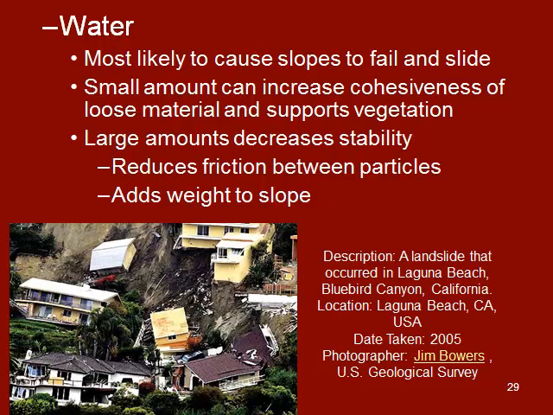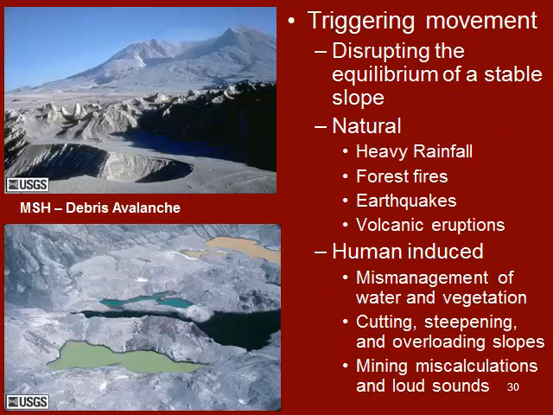It can support vegetation, but when we cross this magic line, that water ends up detrimental to the slope, and it reduces the friction between the particles in that sediment, and it adds weight to the slope, so there's more for gravity to pull on to bring that material down. So water, very bad. You see a lot of mass wasting events in the wintertime in the Portland Coast Range locations, because there's increased rainfall, more water present to trigger those mass wasting events.